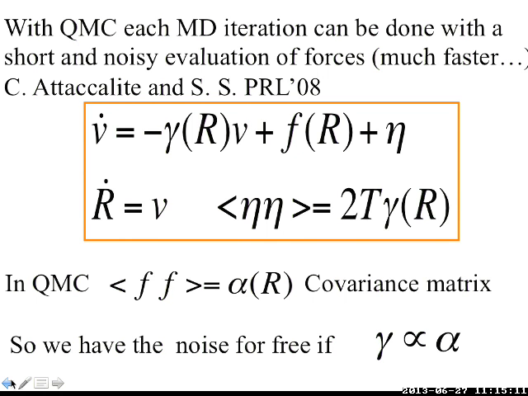And this noise is given for free, so if we choose at each step the friction matrix proportional to our covariance matrix that we can measure, because at each iteration we do a Monte Carlo step, we compute forces, and we can compute the covariance matrix of the forces, we essentially have the noise for free, and we can optimize the efficiency of the dynamics.